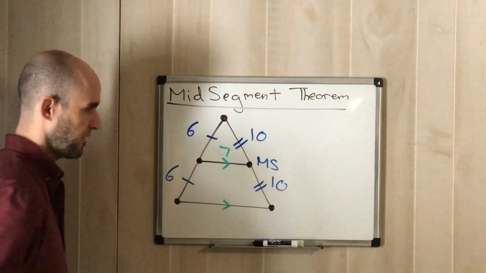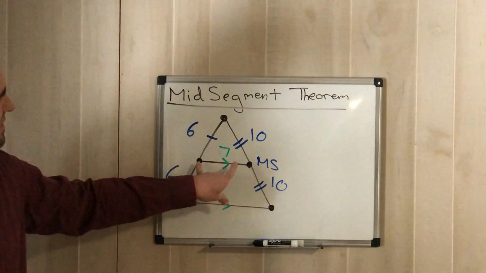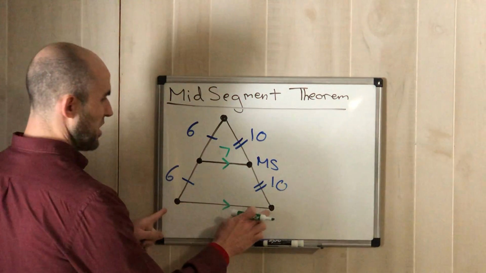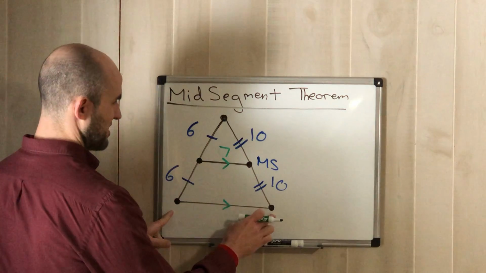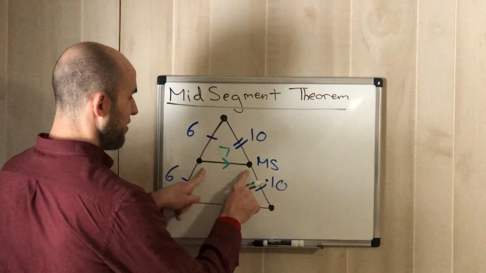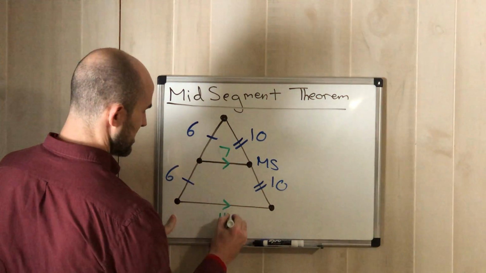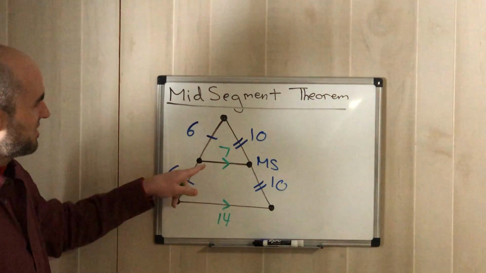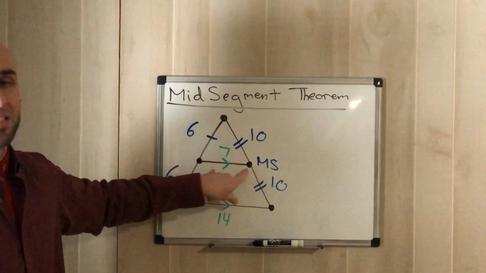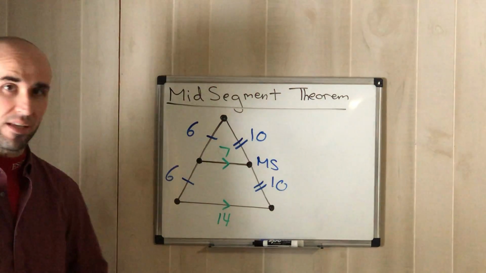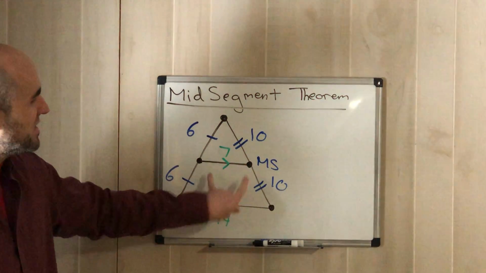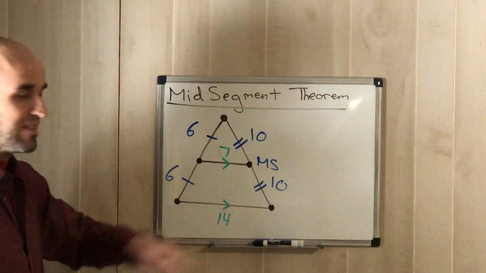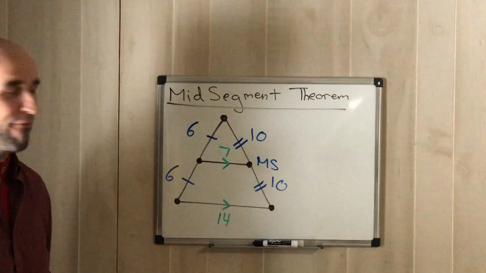If the midsegment is 7, the base is going to be 14. The reason it's 14 is because the midsegment is always half of the base. So if the midsegment is 7, the base is going to be 14 because it's half.